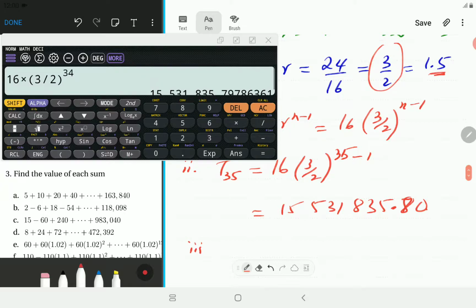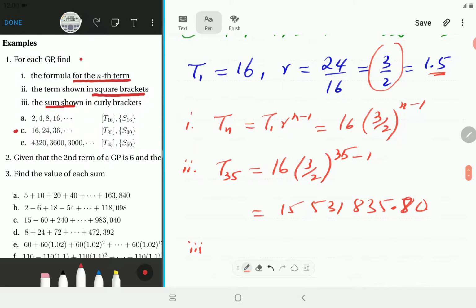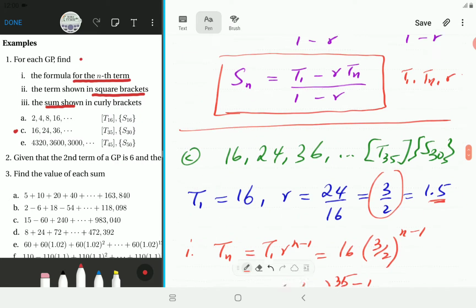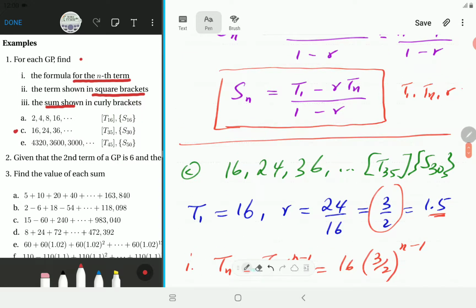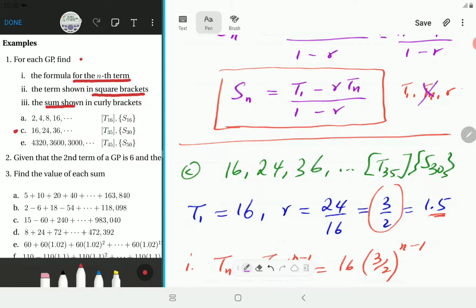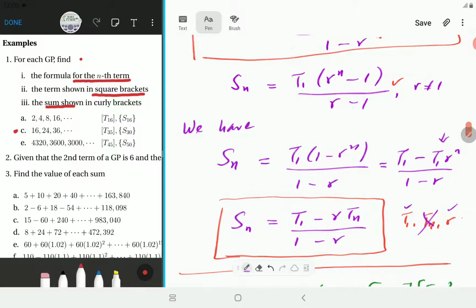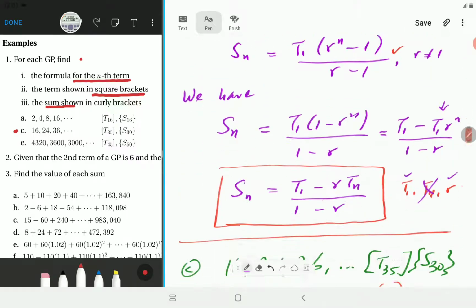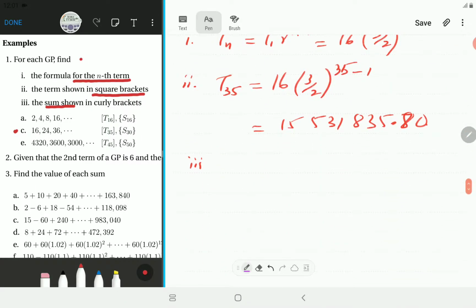Part 3, we want the sum of the first 30 terms. So here we don't know term number 30, so we can't use that formula. We know the first term, we know r, we know the number of terms, so we're going to use this one.